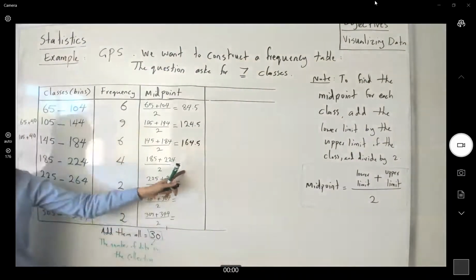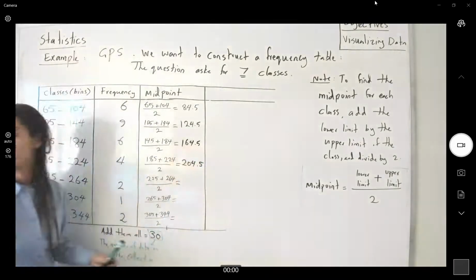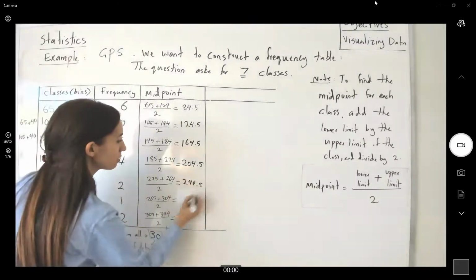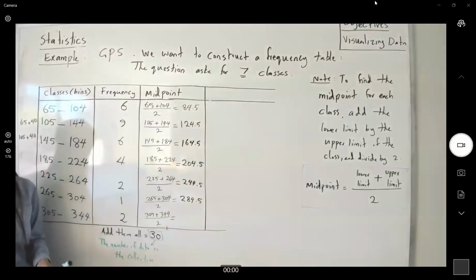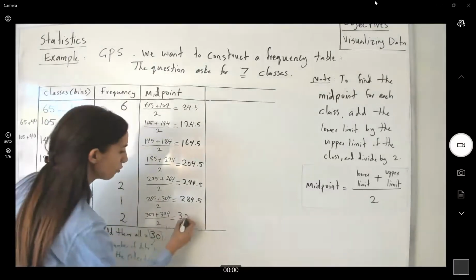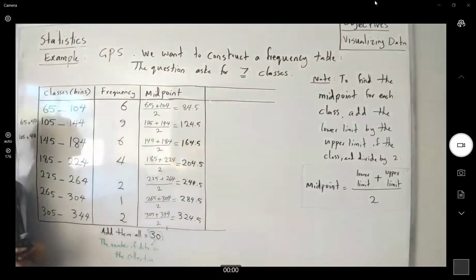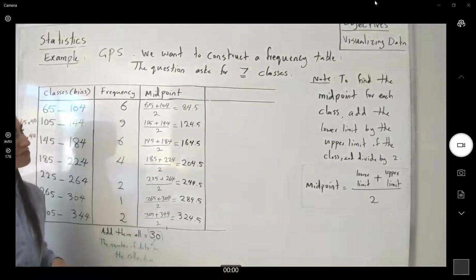Then the next representative, 204.5. Then the next one is 244.5. Then 284.5. And finally, you have 324.5. Midpoints, or representatives, for each class.